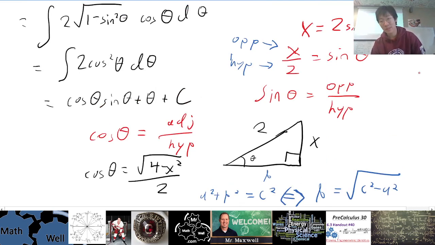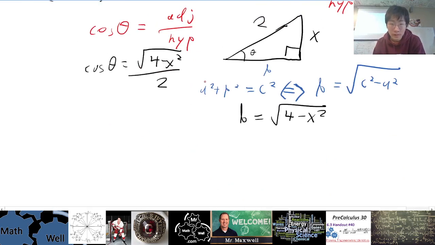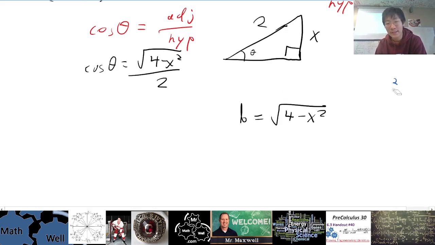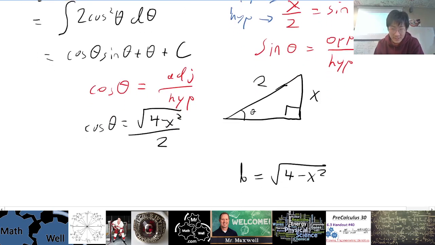You know what, I'll erase some of our work to make this cleaner. As I erase, I'll just speak. The way you find theta is you need to use arcsine. Remember that arcsine of sine theta is just theta.